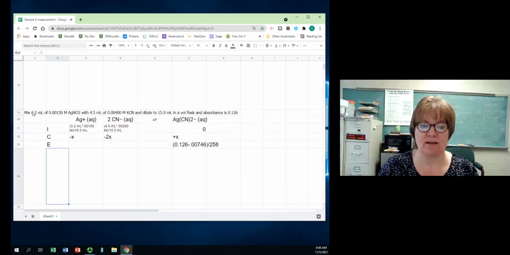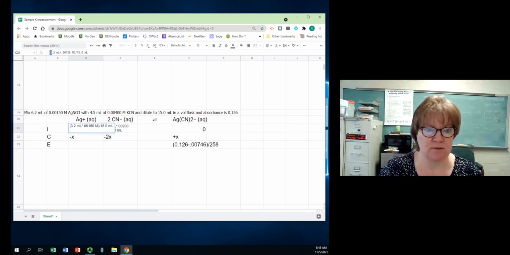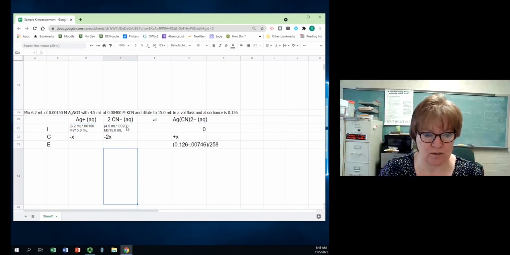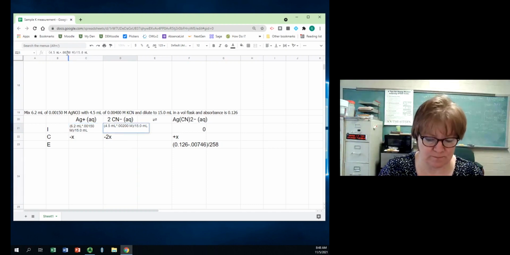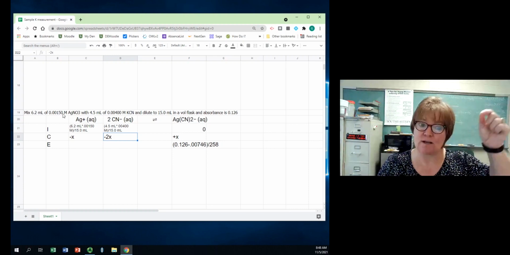Okay, so now again here I've recorded this information. I can calculate what the initial concentrations are from this. I changed some of these numbers, 6.2, and this is 0.004, sorry. So I'd have my 6.2 milliliters, since my silver nitrate is my source of silver ion, times the 0.00150, that's my M1 and my V1.